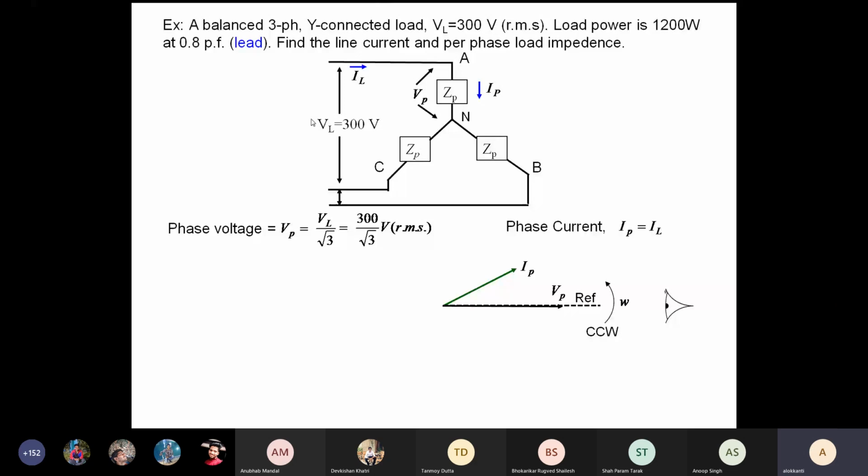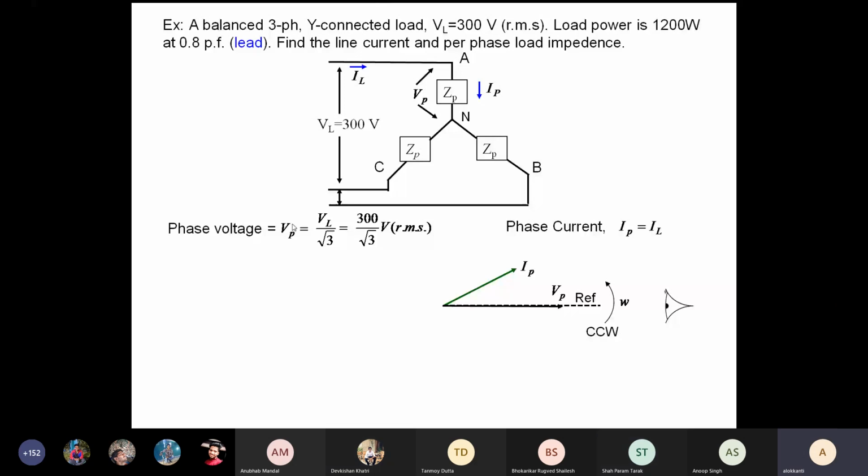So if your phase voltage is Vp and your phase current is Ip, then this will be the phasor. Now find out what is the line current. So 16 root 3 by 5.